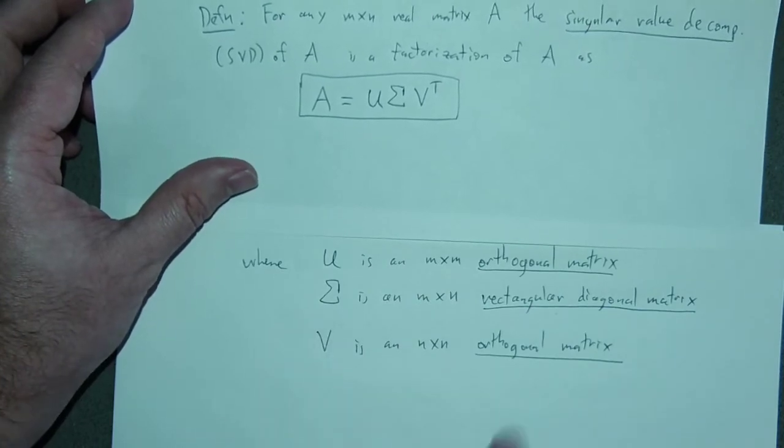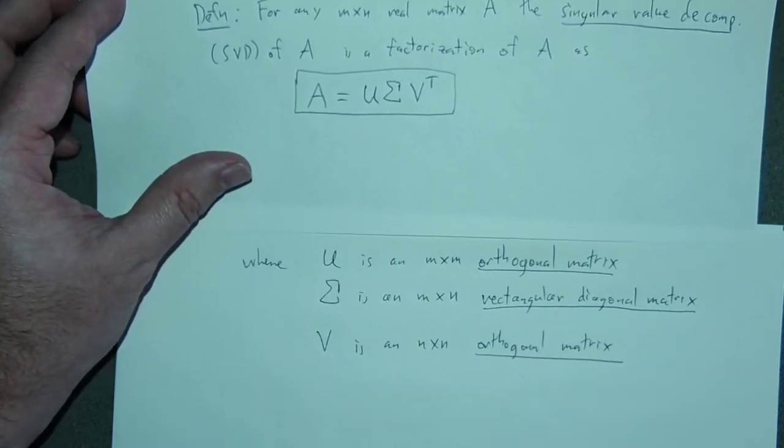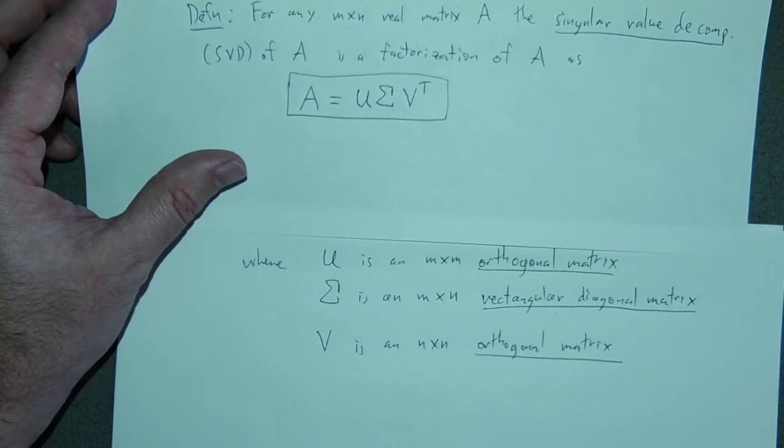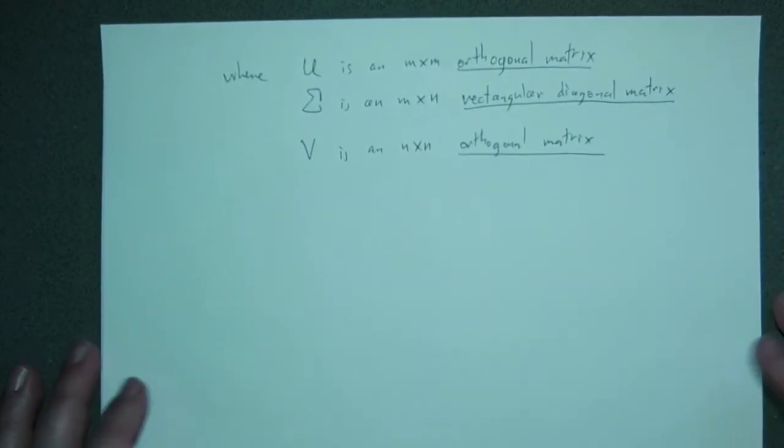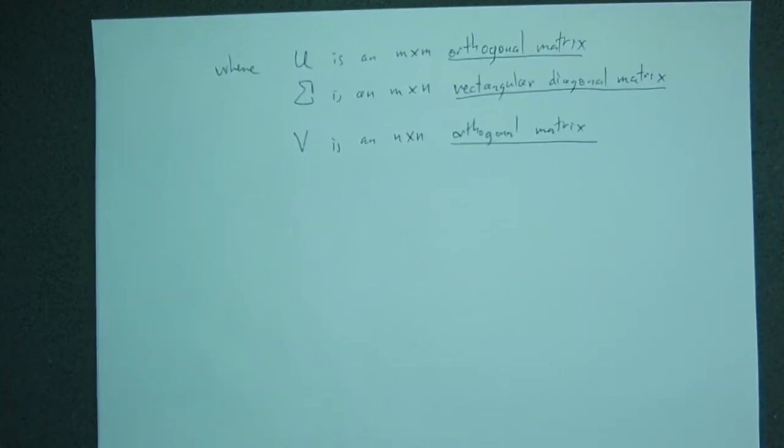But anyway, U and V are potentially different matrices here, the way I have it written. And sigma is a rectangular diagonal matrix, which is not quite a diagonal matrix because a diagonal matrix has to be square. Right? The definition of a diagonal matrix is that it is square. So what is a rectangular diagonal matrix? It's exactly what you think it is.